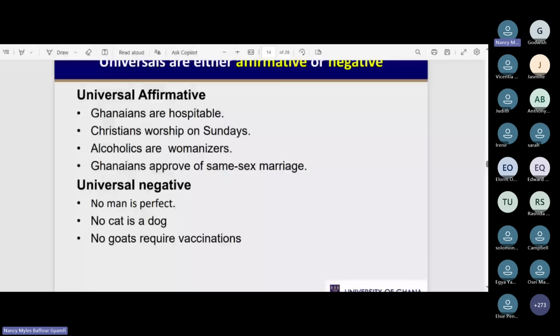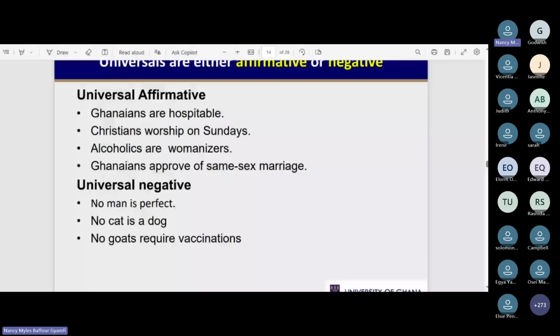No cat is a dog means if X is a cat, then X is not a dog. We're looking at how to expand, how to open out a universal negation. If X is a cat, then X is not a dog. So what would the last one on your screen be?